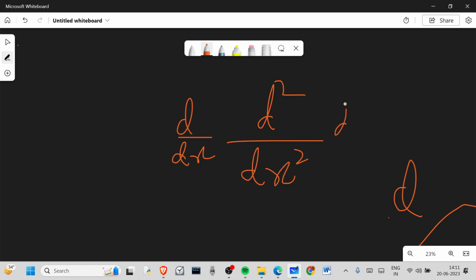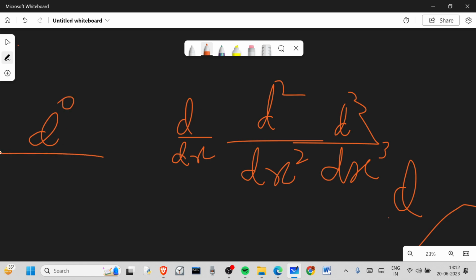Third derivative is d cube by dx cube. So what is zeroth derivative? Basically, the nth derivative is taking derivative of function n times. So zeroth derivative is taking derivative of function nil times. Basically, putting 0 over it doesn't make any change. So this means simply function itself, f(x) is f(x) for all functions.